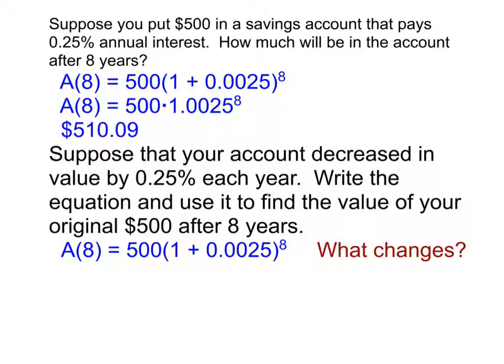Basically, that means it's like our rate is a negative, so I end up doing plus a negative 0.0025 when I go down in value. Or, if you want to make your life a little easier on the calculation, that just means we're doing 1 minus that percent. With that in mind, go ahead and calculate the value. What would this give us in 8 years?